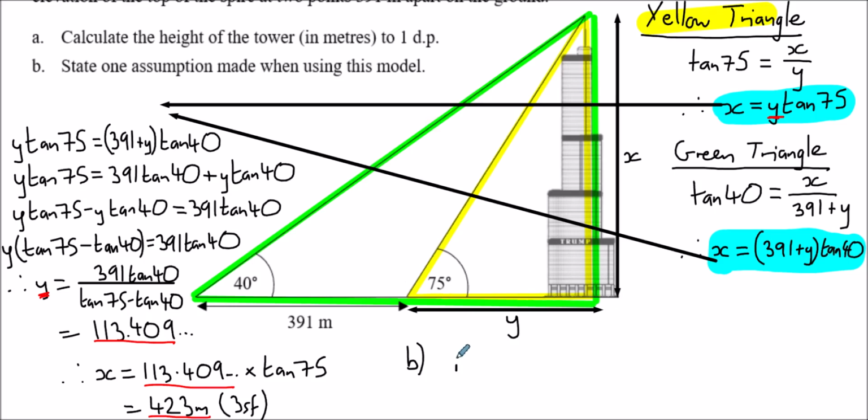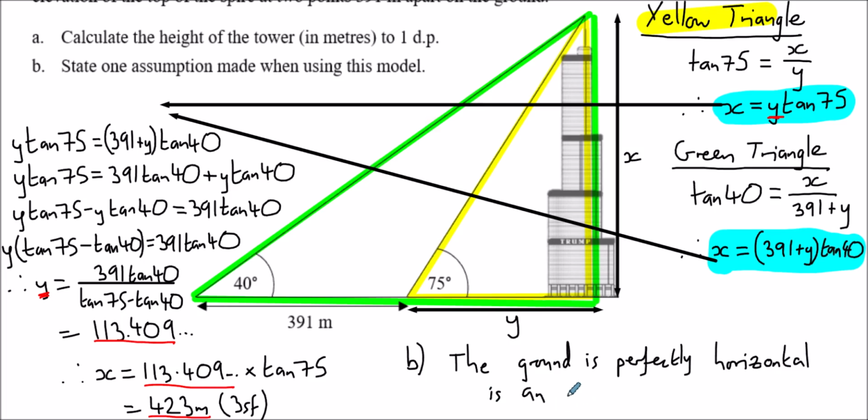So I would say the easiest thing to say here is just to put something along the lines of that the ground is perfectly horizontal is an assumption being made.